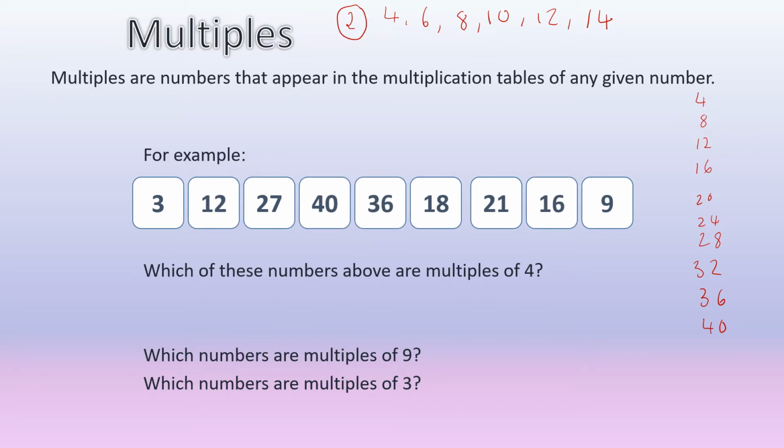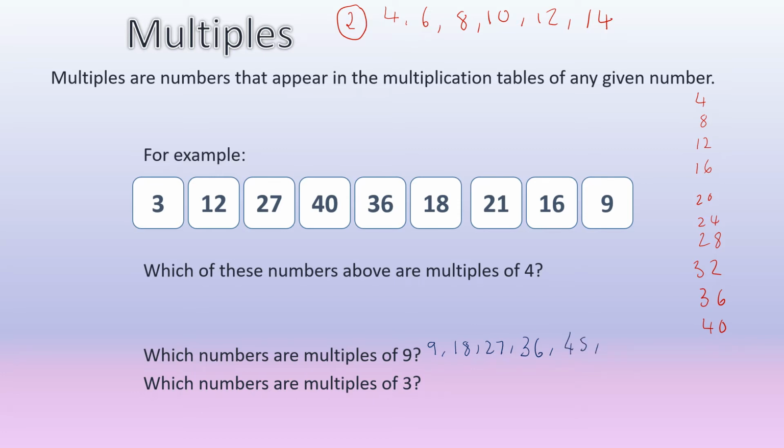Now have a think about which of these numbers are multiples of 9 and multiples of 3. Now if we start with multiples of 9, let's write our 9 times table out. So 9, 18, 27, 36, 45.